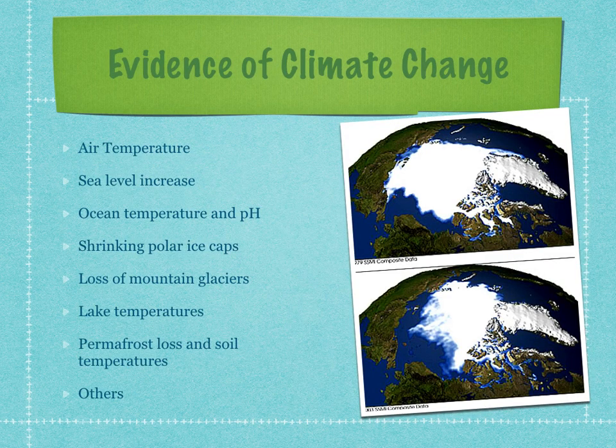The evidence that climate is changing is pretty substantial, and it's sometimes confusing to lay people. Most often, people talk about air temperatures and say, "Well, we had a really cold winter.